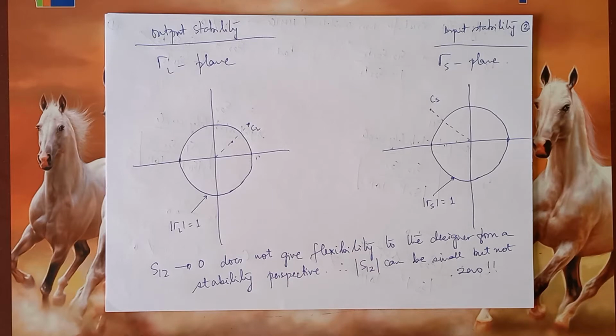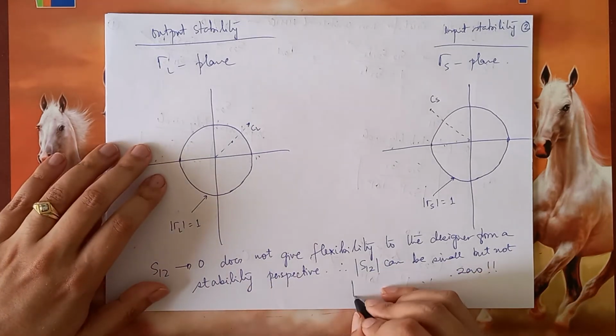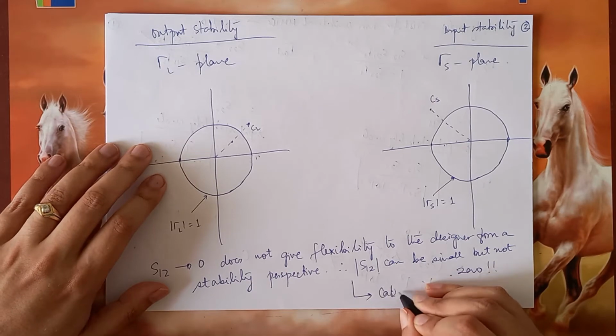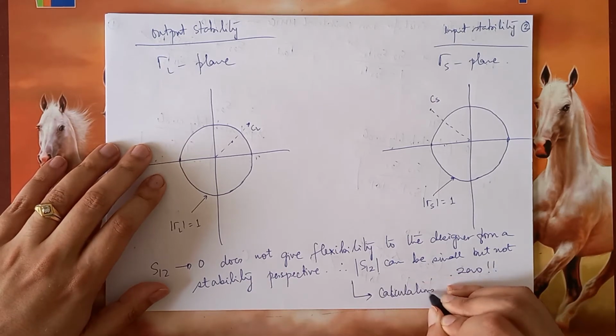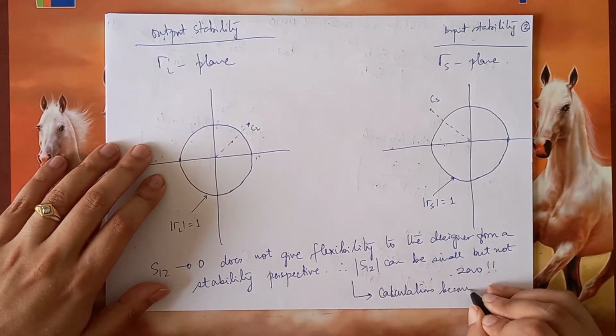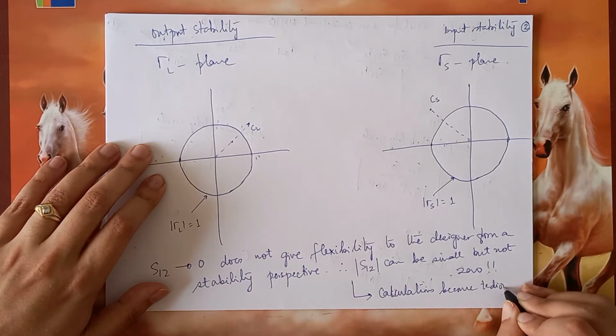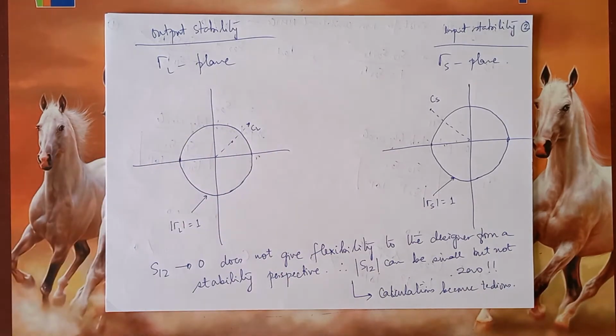But the problem is, the moment we make S12 non-zero, some of our calculations become a little more tedious. Why? Because the gamma in and gamma out formulae become more complex.